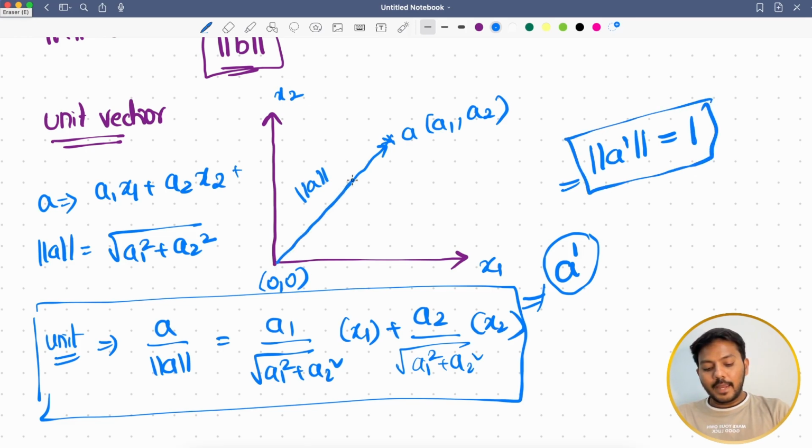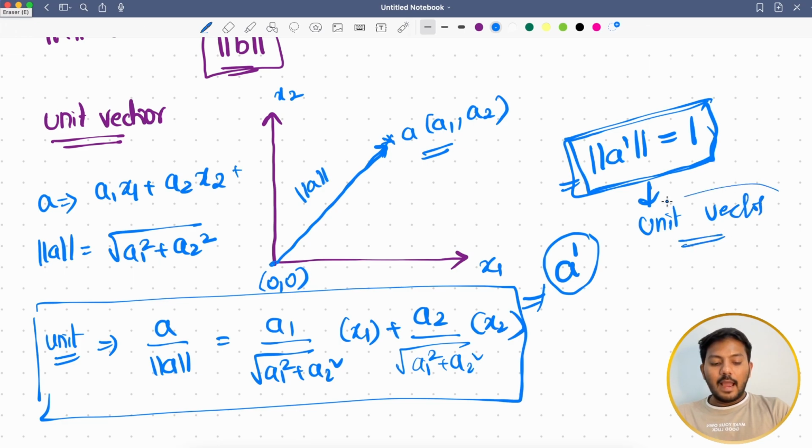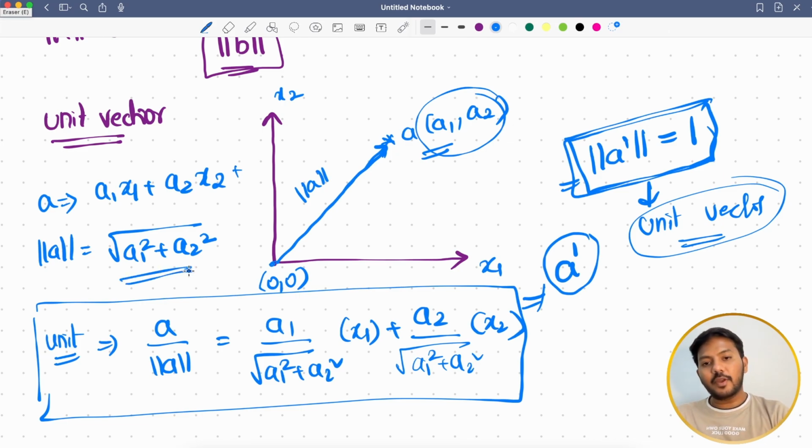So if you make the length of a point from the origin to be 1, that means it is called a unit vector. And how can you achieve a unit vector? By dividing your vector by the modulus of A. It could be of any dimensions.